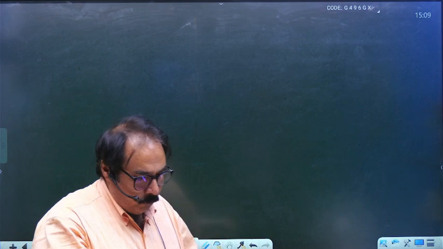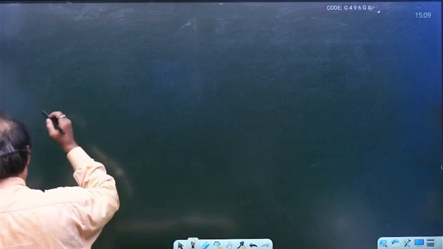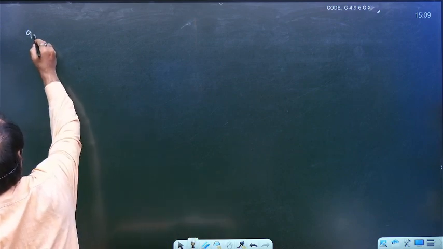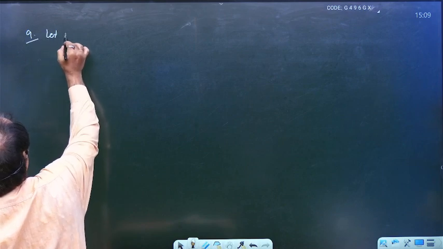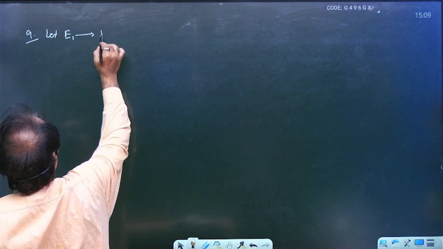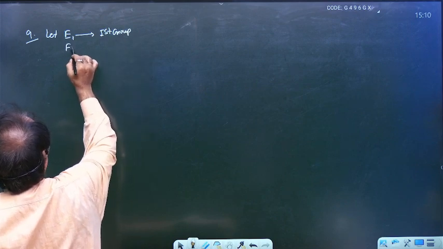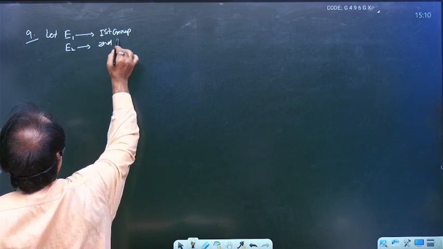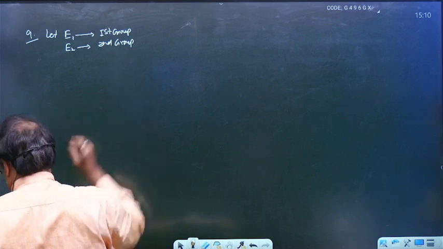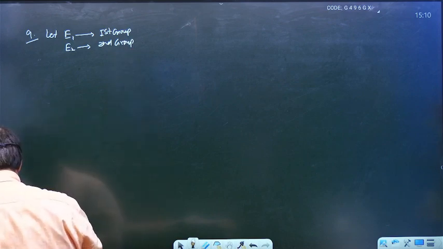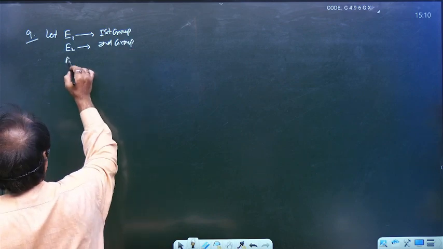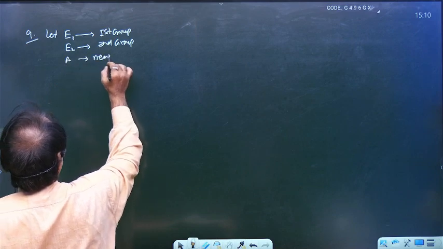So here are two groups. We will suppose E1 and E2 are the first group and second group. Question number 9: let E1 be the first group and E2 the second group, and A be the new product.